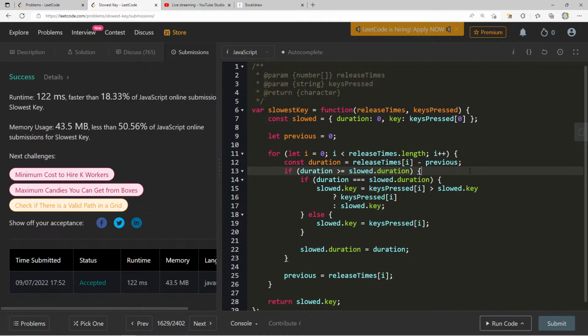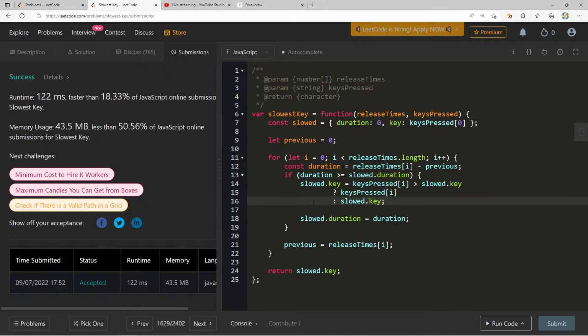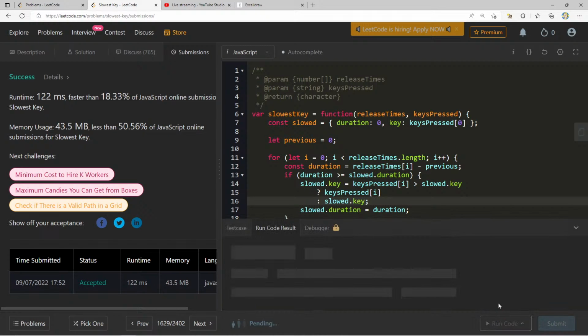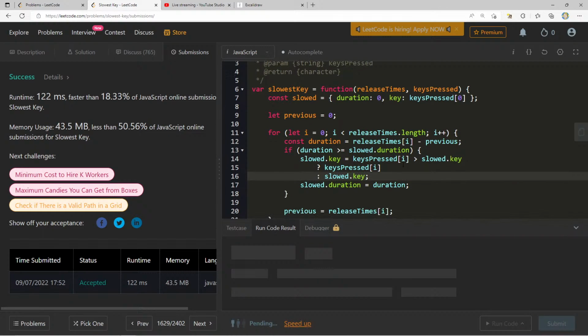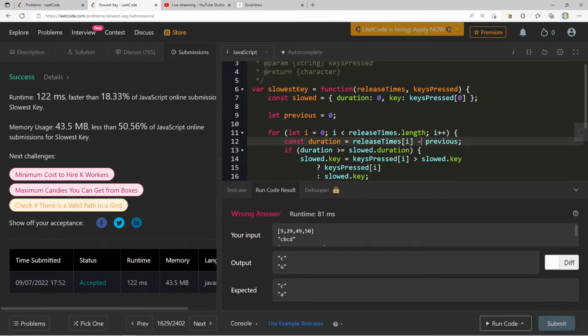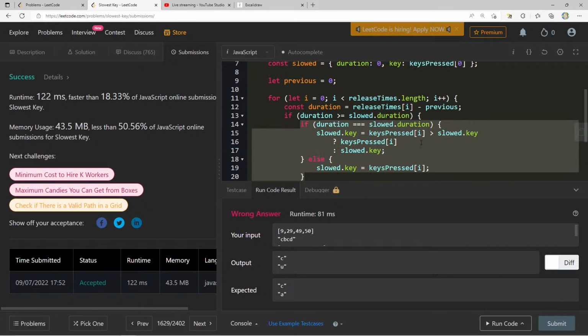Can we just always do this? Does it really even matter? I'm sort of risking my acceptance rate here. Yeah, okay. So it does have to be two separate cases.